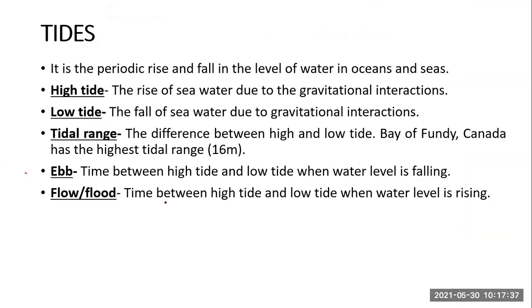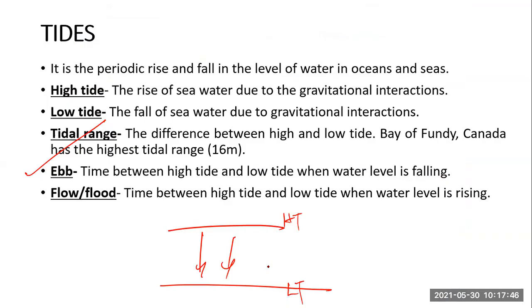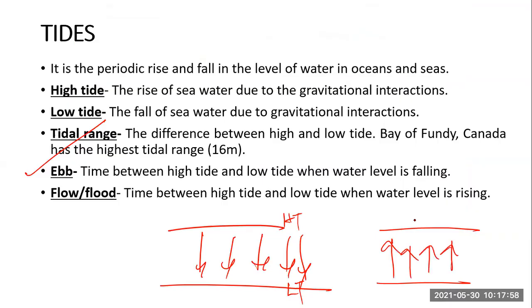Next, ebb. The time between high tide and the low tide when the water level is falling. So between high tide and low tide, when the water level is constantly falling, this time duration is what we call as the ebb. The time duration between low tide and high tide when the water level is rising, we call it as flow or flood.